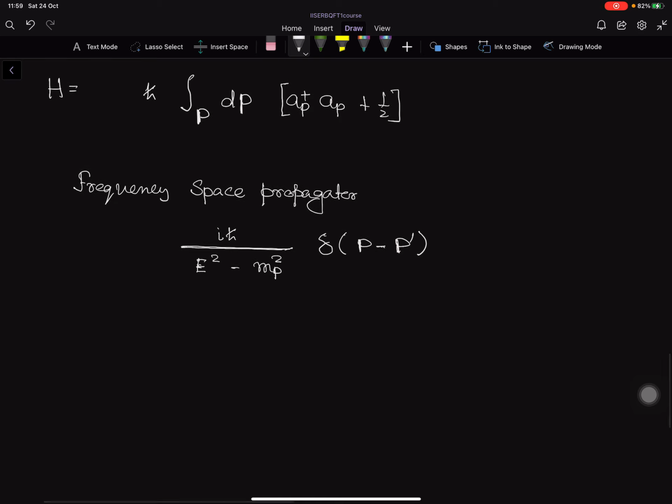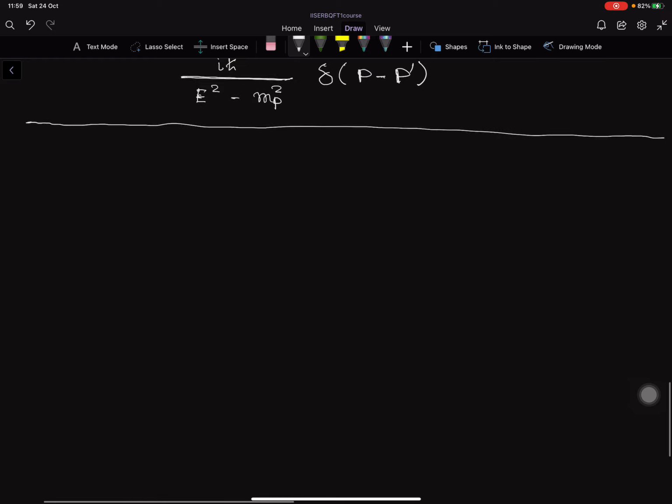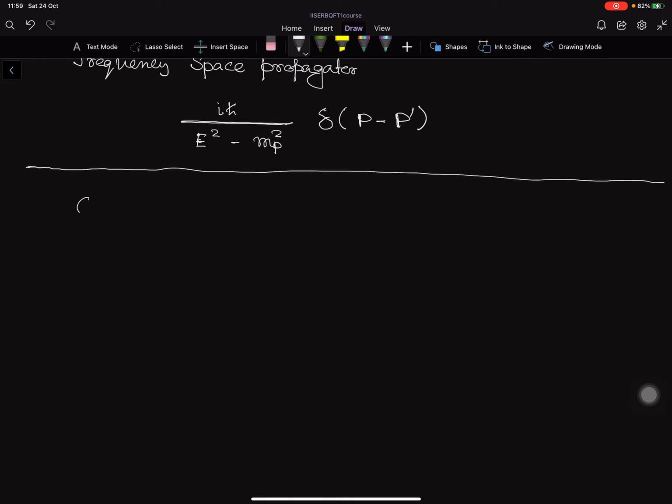Now take a special case. Consider a special case where p and p prime take values in three-dimensional real space, R³.